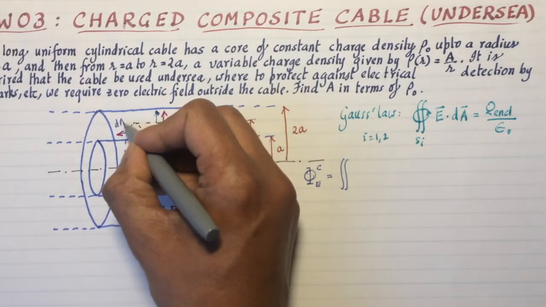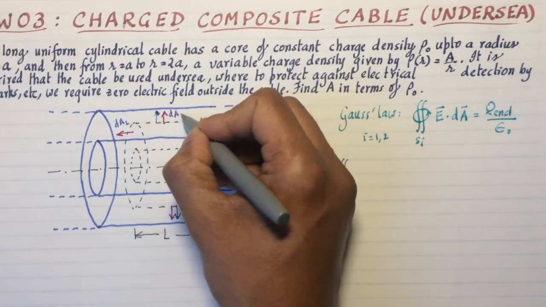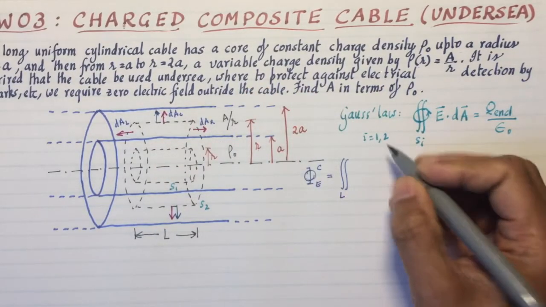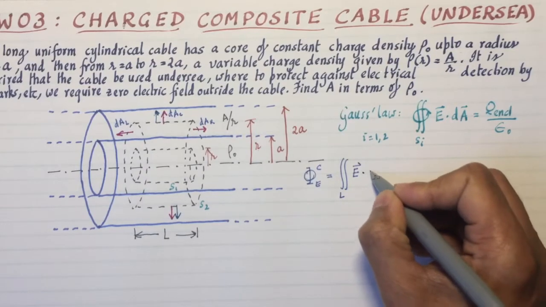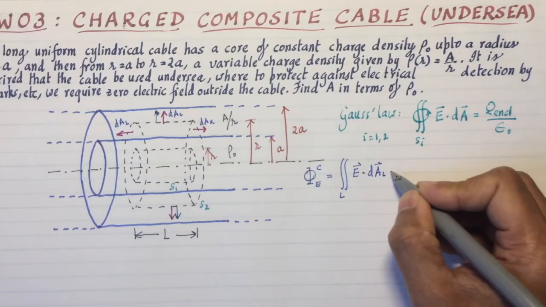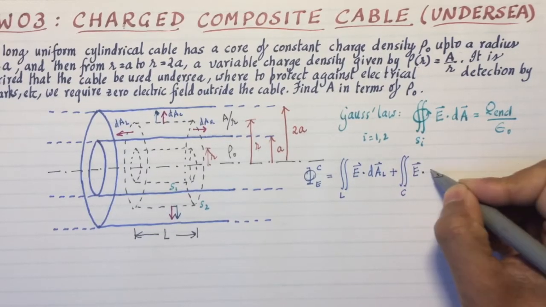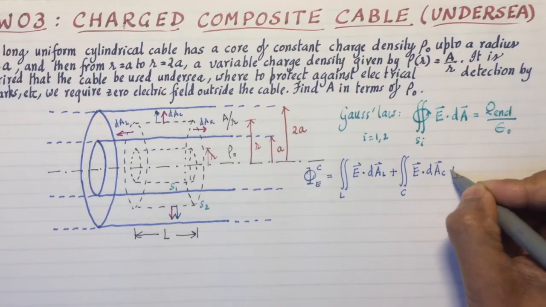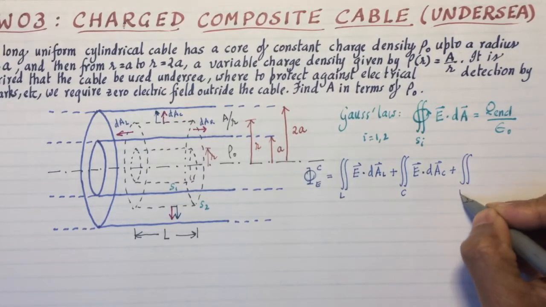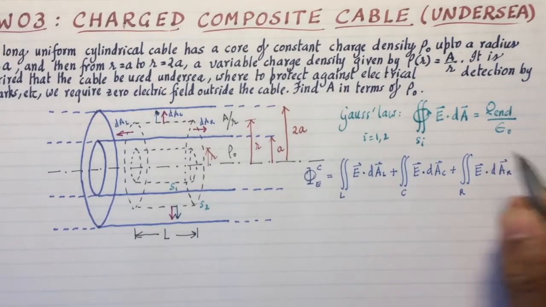Let me call these dA left, dA right and dA curved, E dot dA left, plus the integral over the curved surface, E dot dA curved, plus the integral over the right surface, E dot dA right.